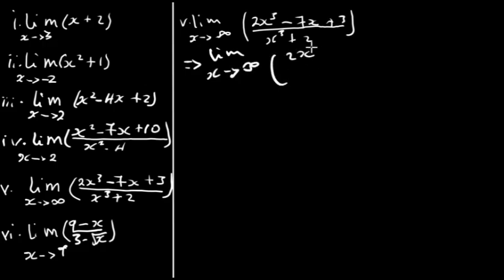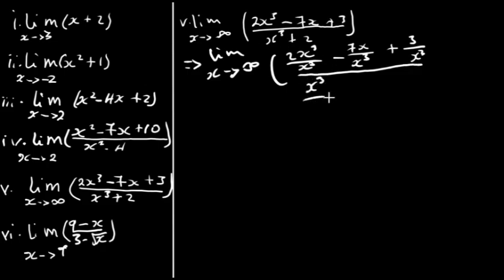That's 2x cubed divided by x cubed, minus 7x divided by x cubed, plus 3 divided by x cubed, all divided by the denominator. The first term is x cubed divided by x cubed plus 2 divided by x cubed.